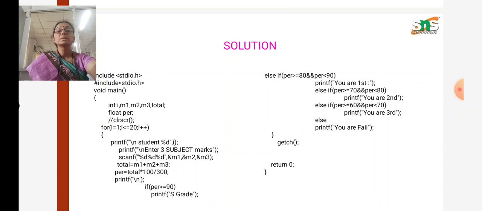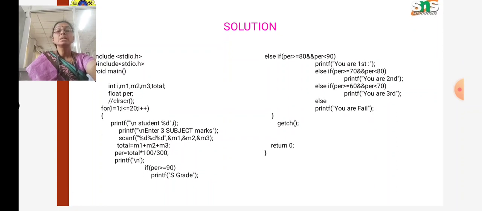If the percentage is greater than or equal to 90, we print the grade as S. Else if the percentage is between 80 and less than 90, we print the grade as A grade.